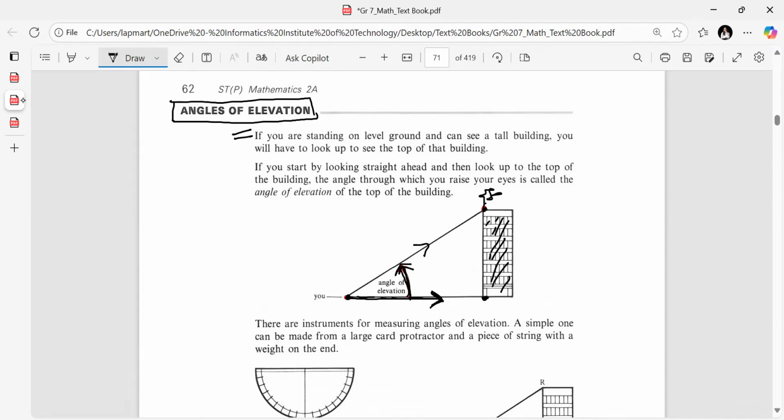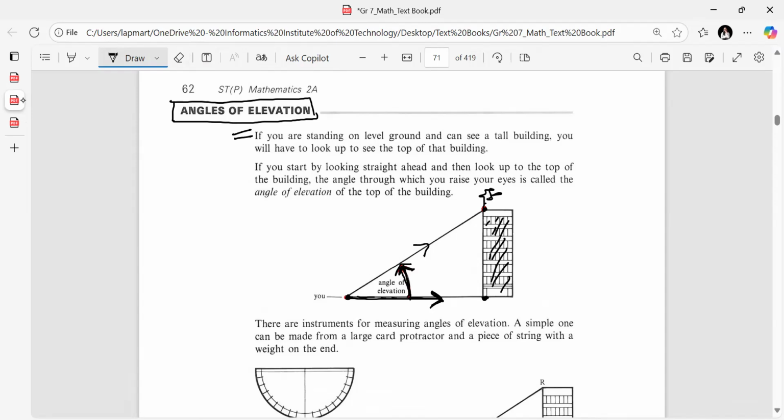You want to turn your eyes like this. When I'm telling you, just do it by yourself. You just see that you're looking at the laptop screen and you want to look at the ceiling, then you turn your eyes to the top side. So then how many degrees you turn your eyes, that we call the angle of elevation, right?